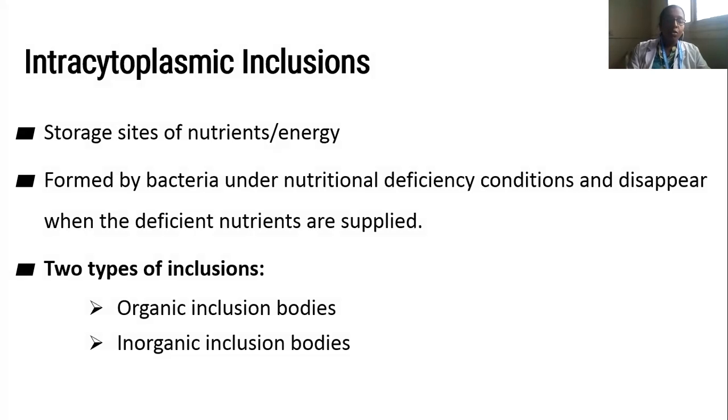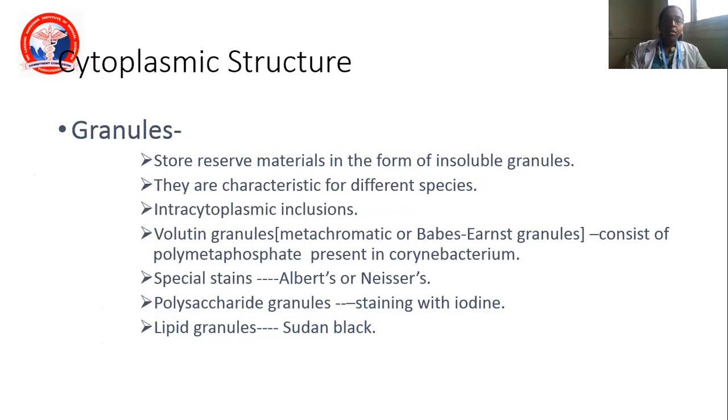So intracytoplasmic inclusions are very important. These are the sites for energy storage for the bacteria. There are two types of inclusions: organic inclusion bodies and inorganic inclusion bodies. These granules are mainly reserve materials, usually storage materials.